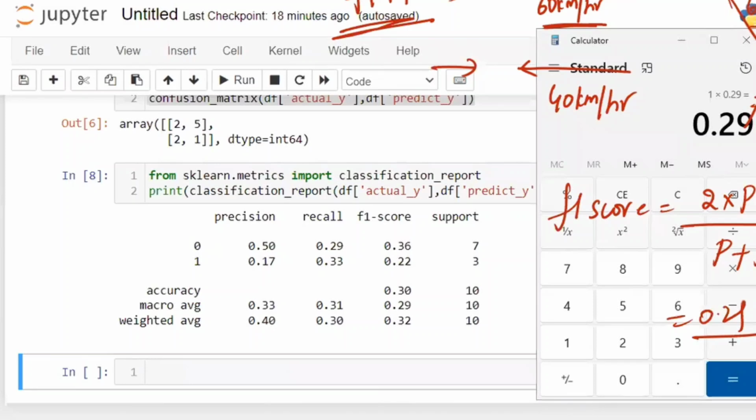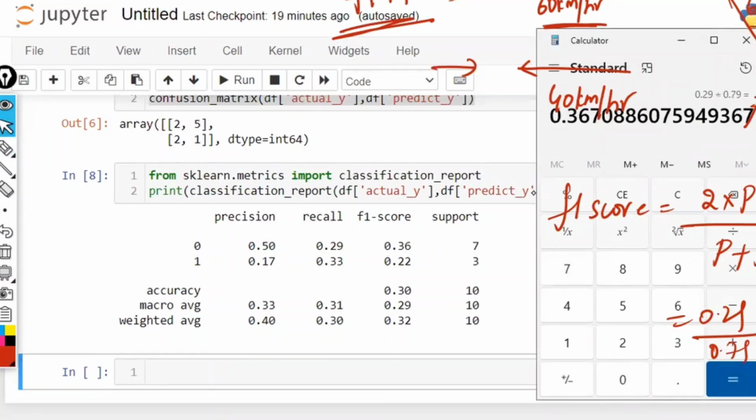That is 2 into 0.5 into 0.29 divided by 0.5 plus 0.29. The denominator is nothing but 0.79. So 0.29 divided by 0.79 is equal to 0.3670.